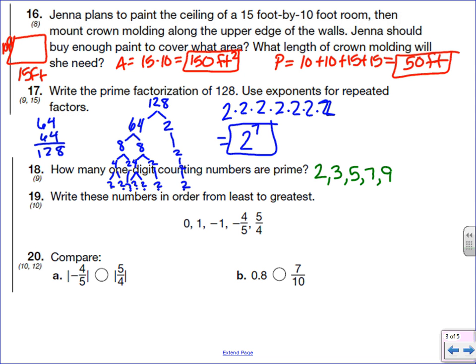How many one-digit counting numbers are prime? Oh, it looks like 5 to me.